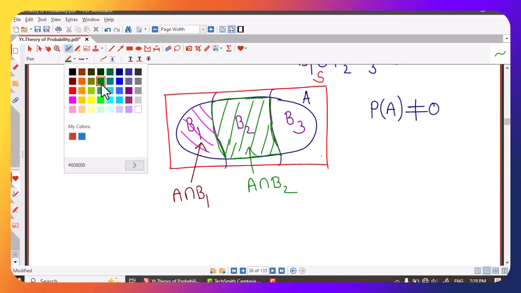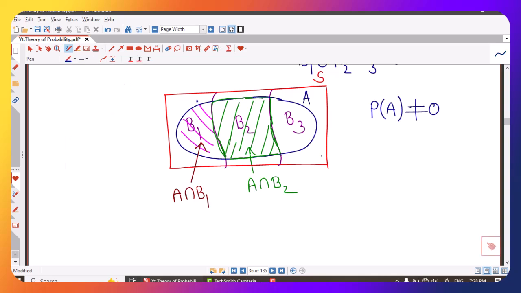Here also I specify that this much part is intersection of event A with B1. So this much portion is A intersection B1, and similarly if we consider this portion, this is intersection of event A with B3. So I denote this by A intersection B3.